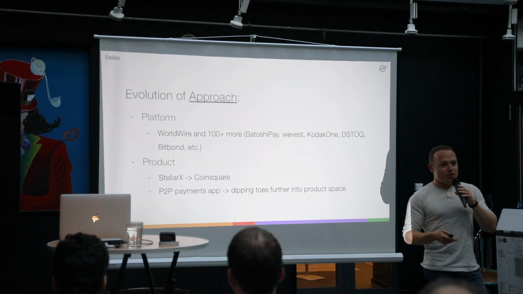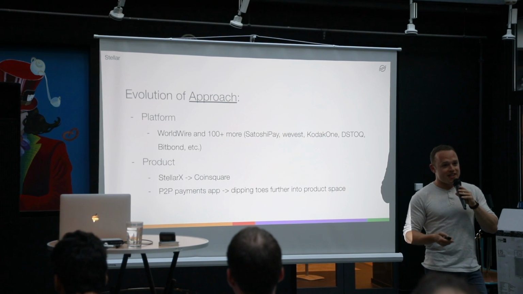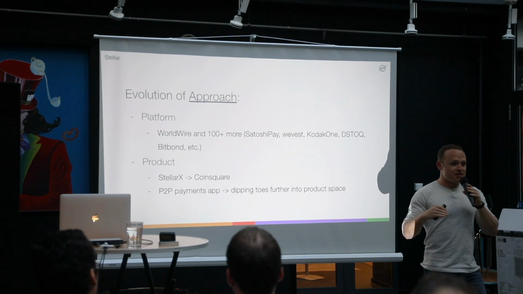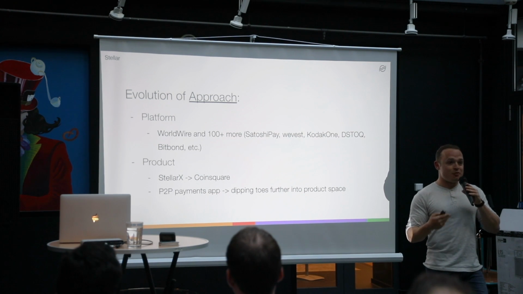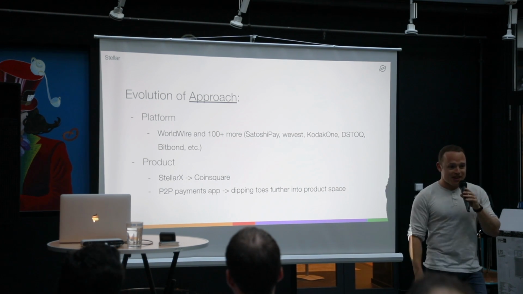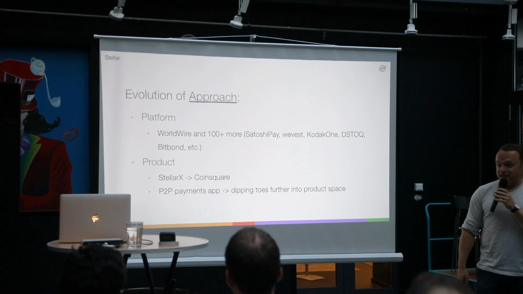So in order for securities, for example, to be listed, even on a decentralized exchange, there needs to be a certain level of regulatory licensing that you have. And we don't have that, but Coinsquare does. And so we're super excited for Stellar X to be in such good hands.